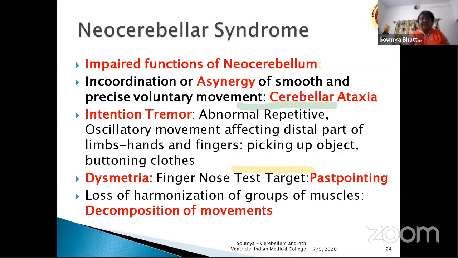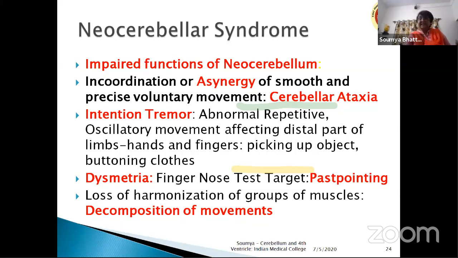Going to the neocerebellar syndrome proper. Now, neocerebellar syndrome will obviously affect the dentate nucleus also. The function of neocerebellum is skilled movement, the smooth coordinated functioning of skilled movement.